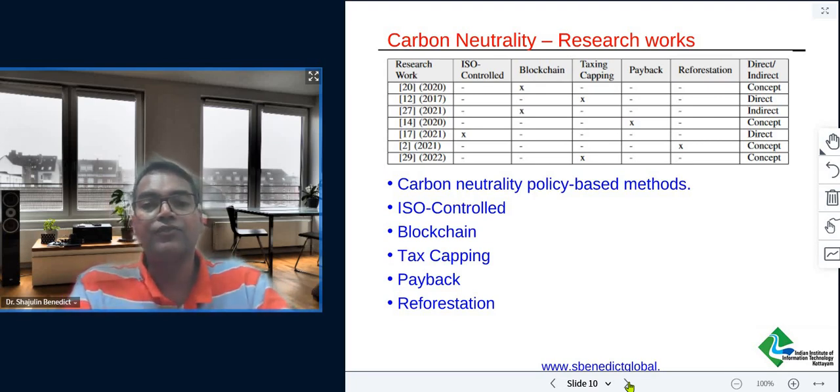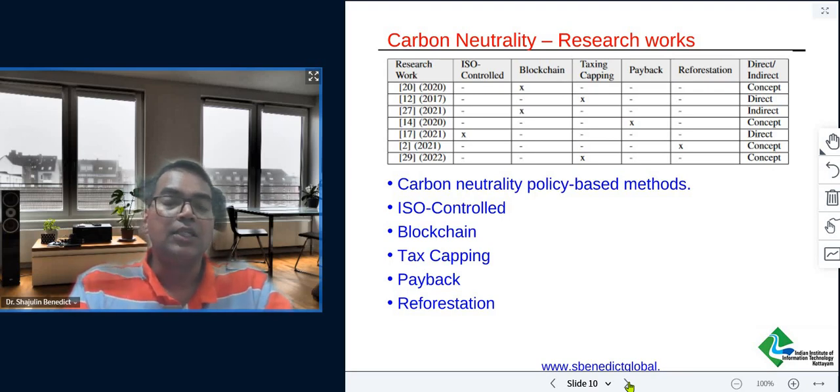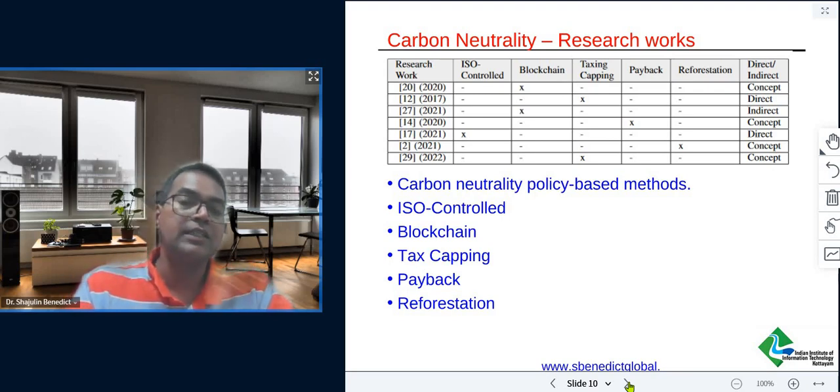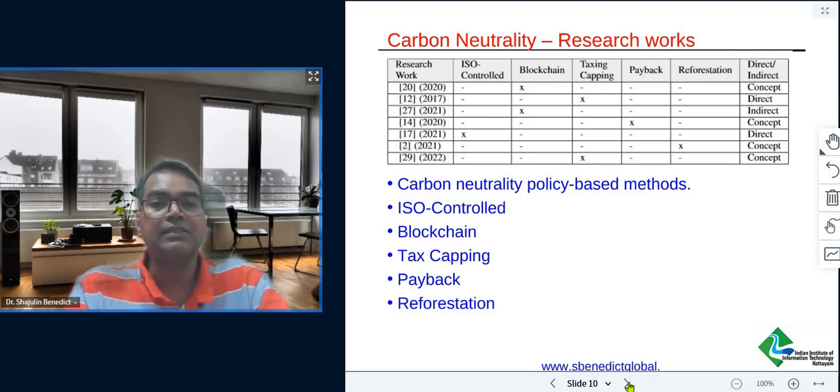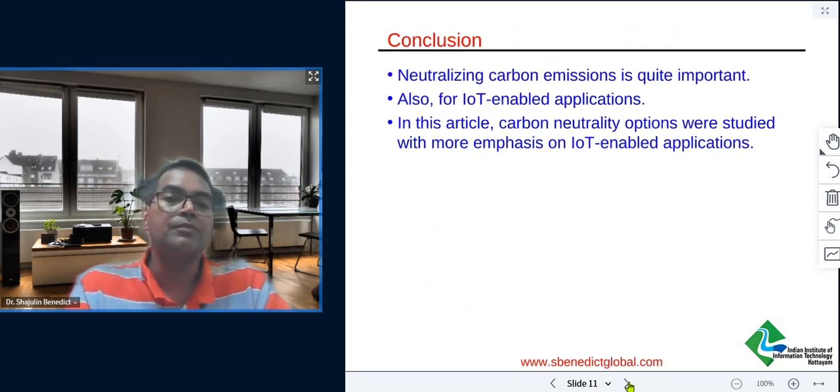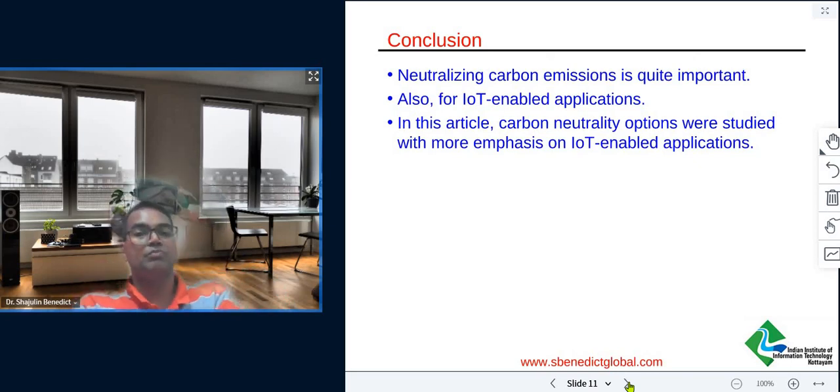One of the researchers has put forth an idea of reforestation, and we could also observe from literatures that carbon emission as well as carbon neutralizing mechanisms are still not very well implemented or practiced. So this becomes an important portfolio where the researchers could take the topic forward for bringing forward carbon emission neutralizing mechanisms.